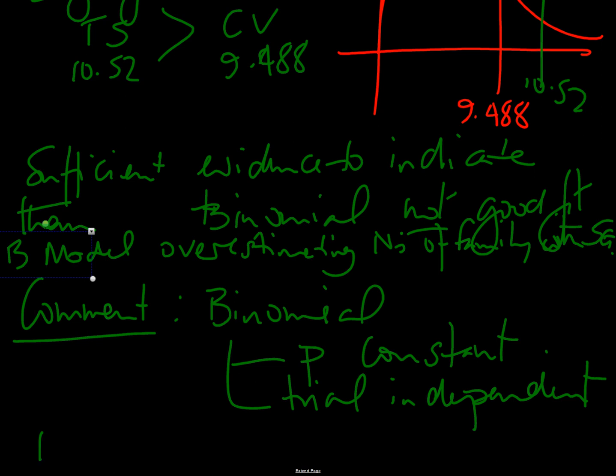That these assumptions are not being met in the population. So either P is not constant or the trials are not independent. It would be interesting to know which, wouldn't it, if there were any demographic trials on that.